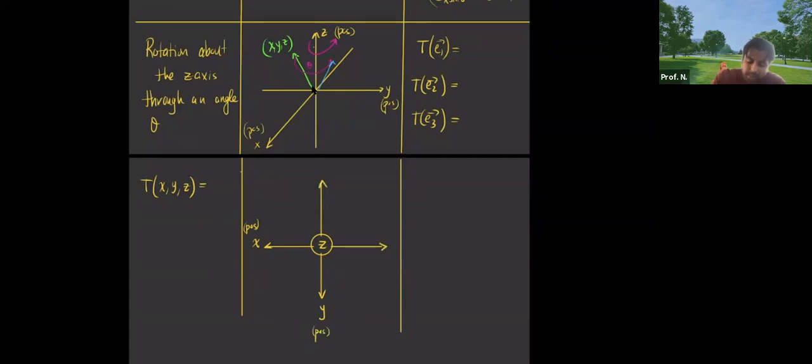So how does that affect things? Well, this would be E1, and this would be E2. And of course, E3 is on the z-axis. So if I apply the rotation on E3, about the z-axis by theta, I'll get exactly the same vector. I know that's going to be a fact.